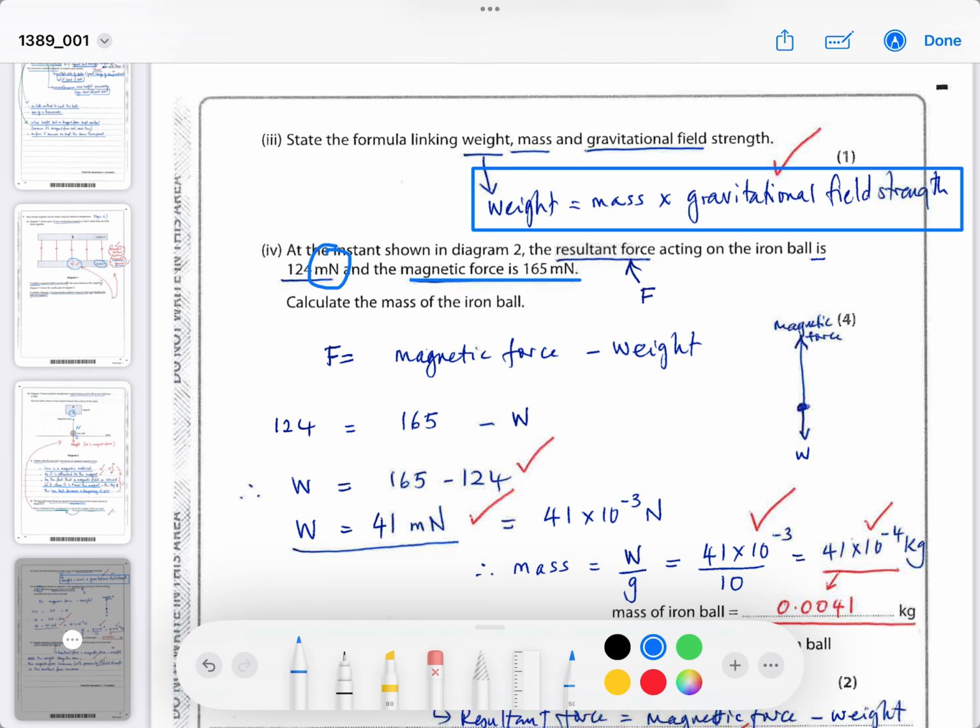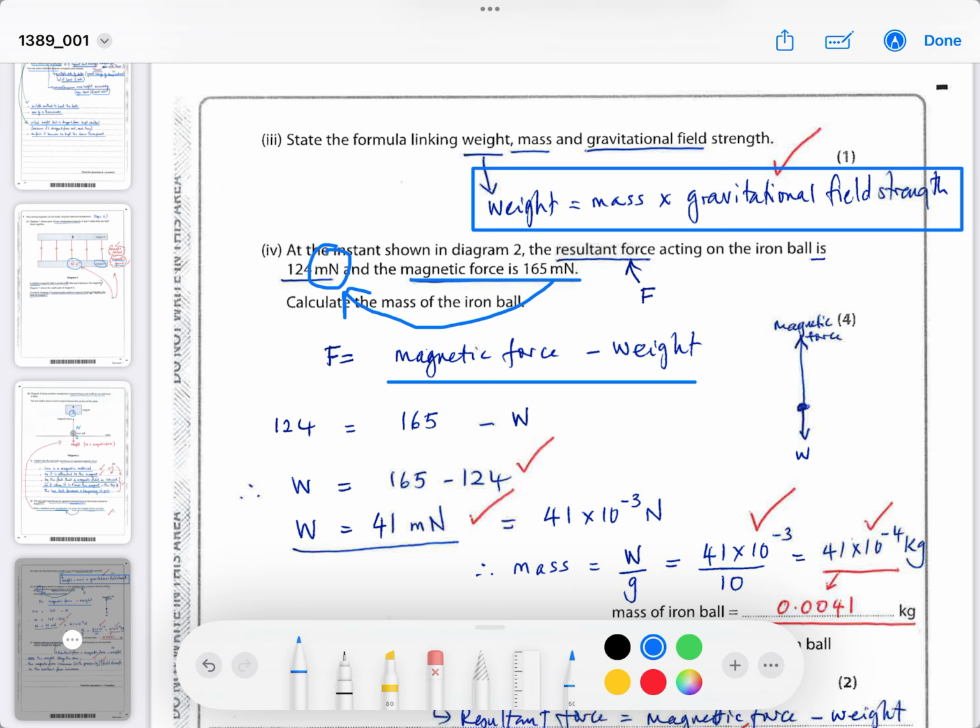The magnetic force is larger than that because you've got to take into consideration the fact that the weight is acting against the magnetic force, which reduces the 165 millinewtons to 124.